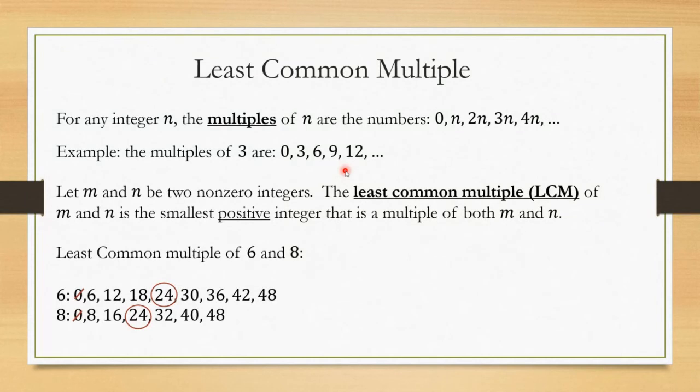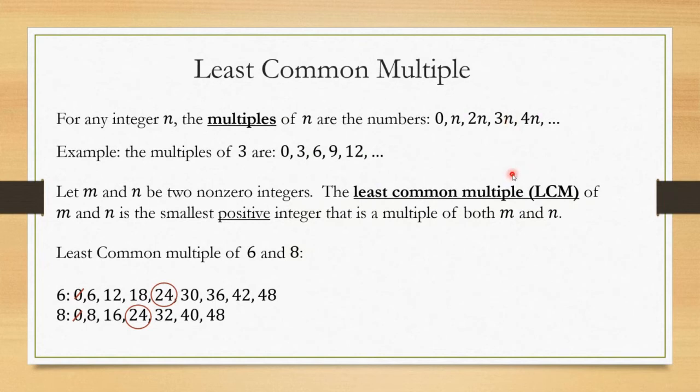As a reminder, new terminology. For any integer n, by definition, the multiples of n are the numbers of this form: 0, n itself, which is 1 times n, 2 times n, 3 times n, and so on. In other words, all you're doing is multiplying non-negative integers with n.